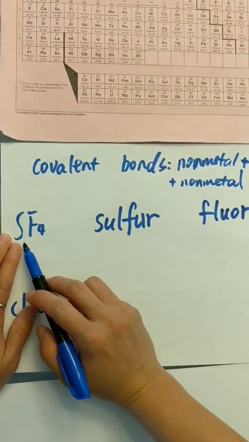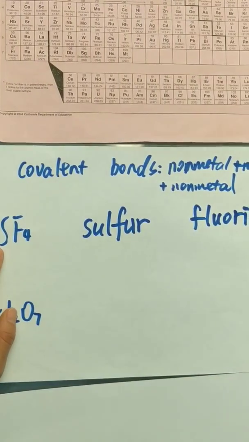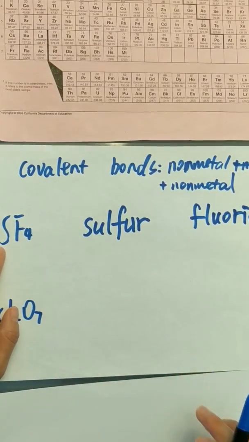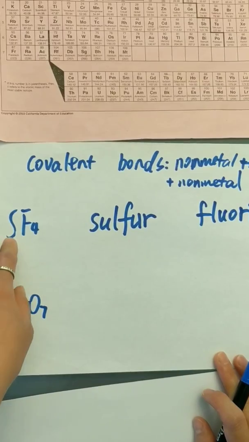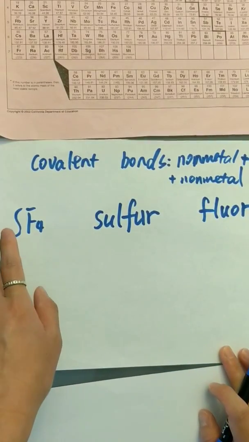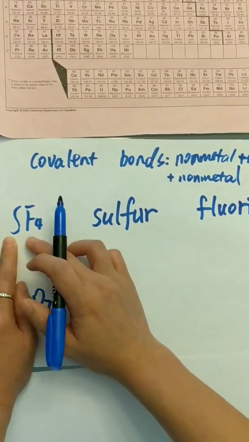How many sulfur here? It's 1. But be attention. If there is only one in the first element, we don't put the mono in front of the sulfur.